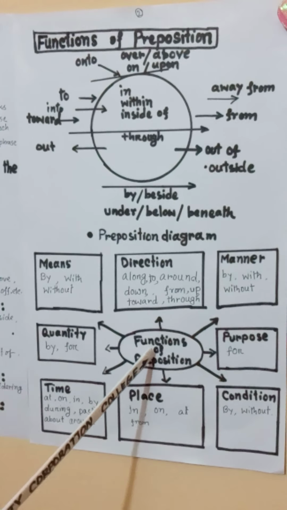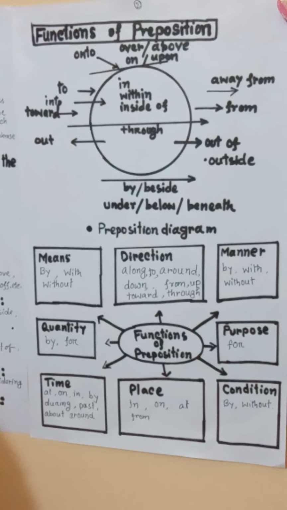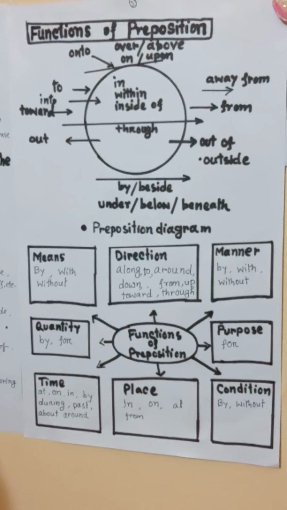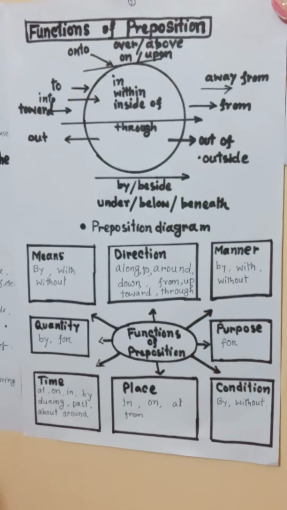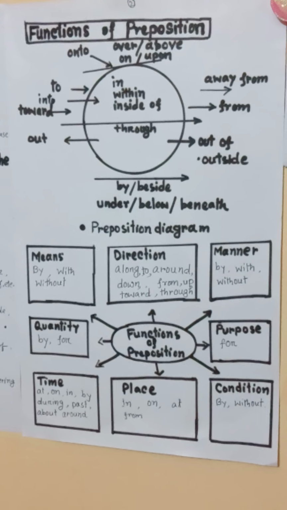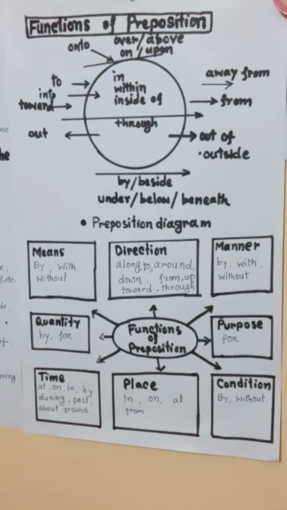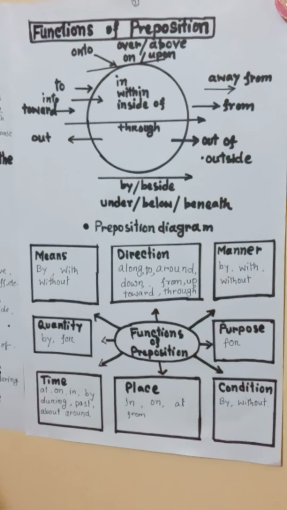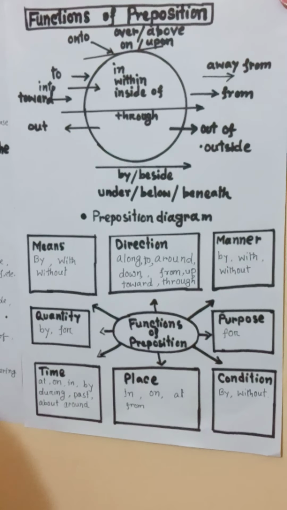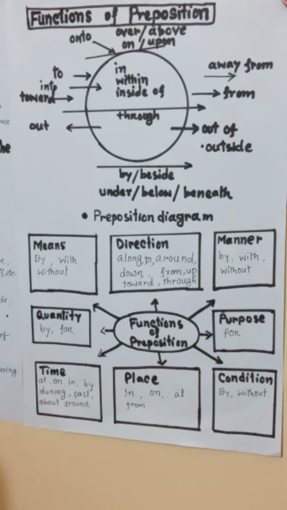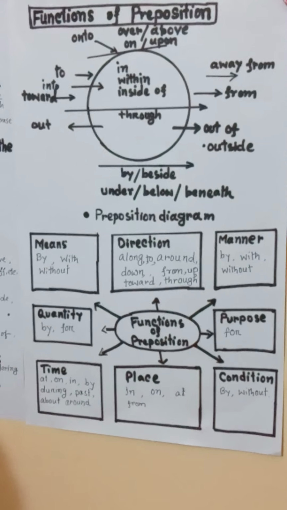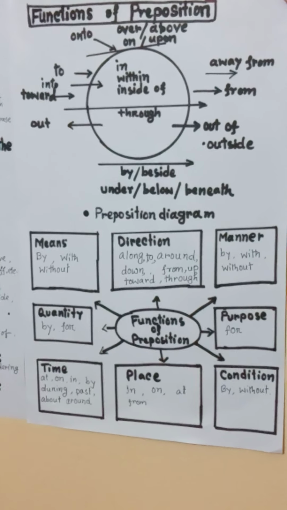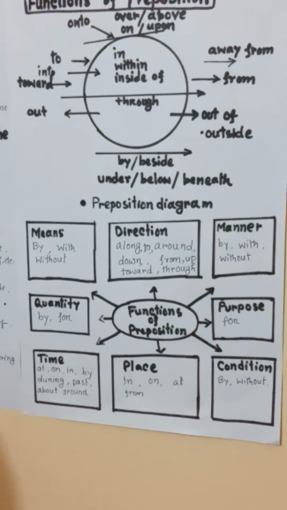To imply direction, we use along, to, around, down, from, up, toward, through. This is used to give the meaning of direction. For example, we go to college. He climbed down the tree, climbed up the tree.